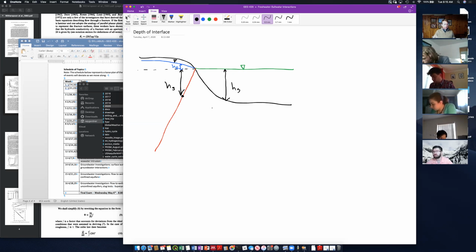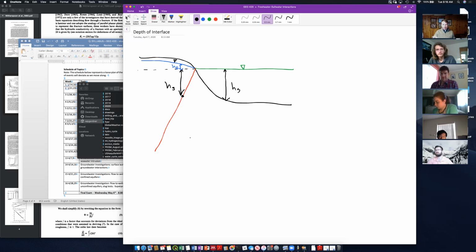All right, and if the fluid is not moving, that means that the fluid potential is the same. All right, and if I just make the datum of the point be my datum, so Z is equal to 0, then the pressure heads on either side of the interface have to be equal. All right.